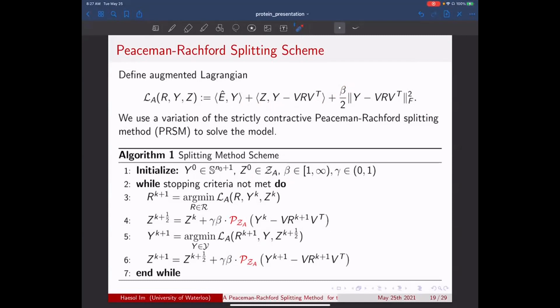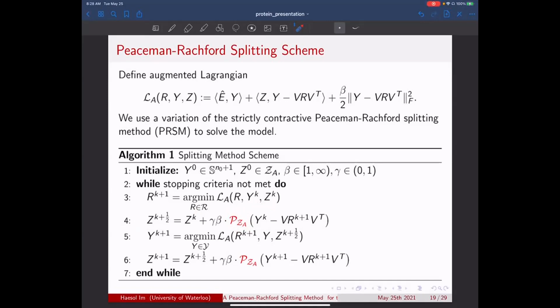What the splitting scheme does is focus on one variable at a time. Our R variable is obtained by minimizing the augmented Lagrangian with respect to R while fixing the other two variables Y and Z. Then we move on to the dual multiplier, which follows this update. I'll explain this red ink operation in a moment.